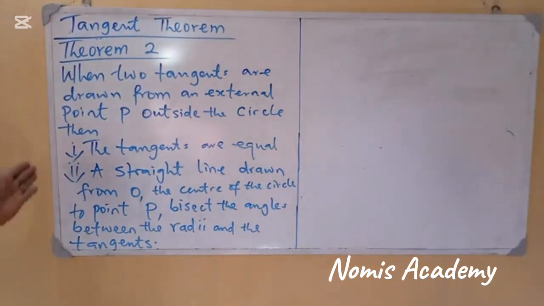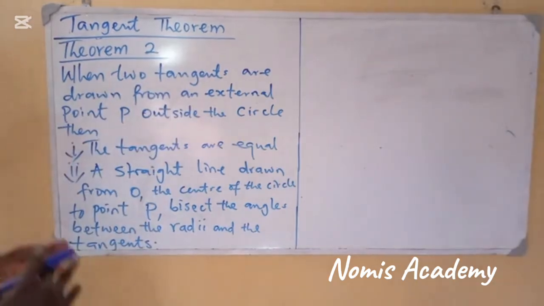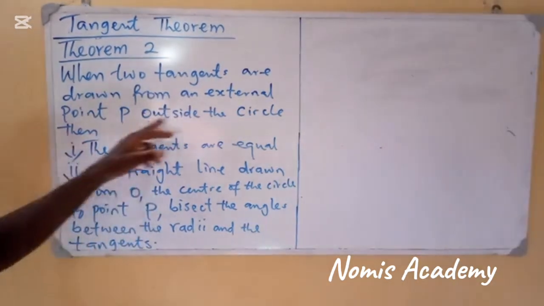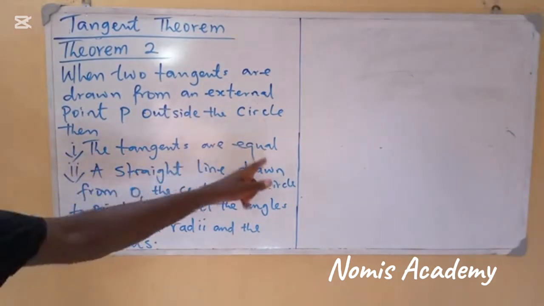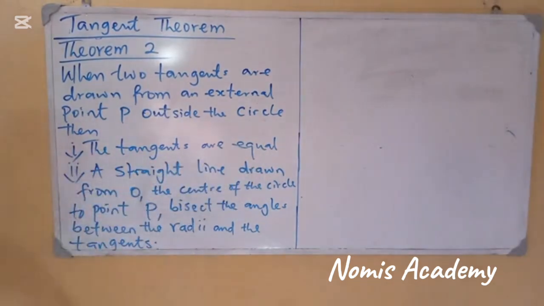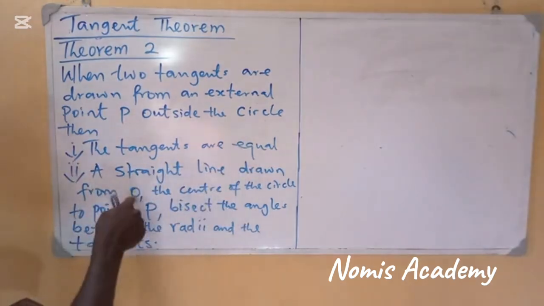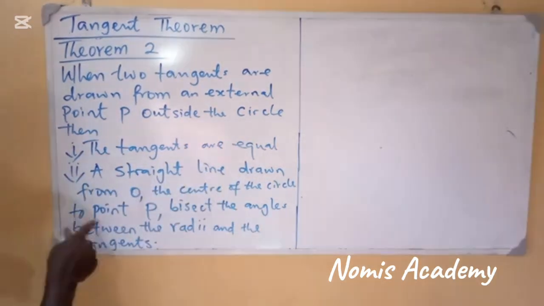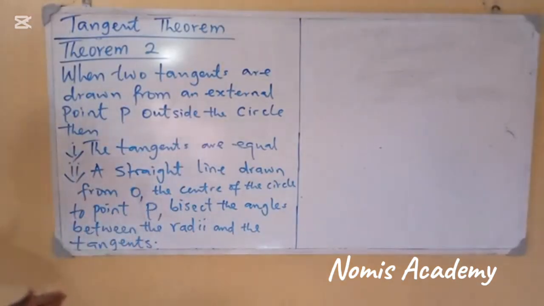It says that when two tangents are drawn from an external point P outside the circle, then the tangents are equal. That's the first condition. And then the second condition, a straight line drawn from O, the center of the circle, to point P bisects the angles between the radii and the tangent.